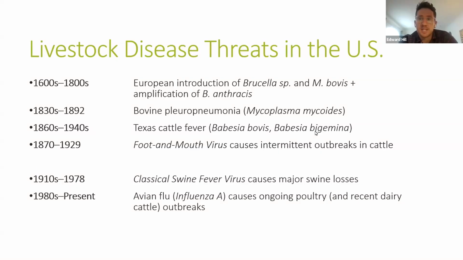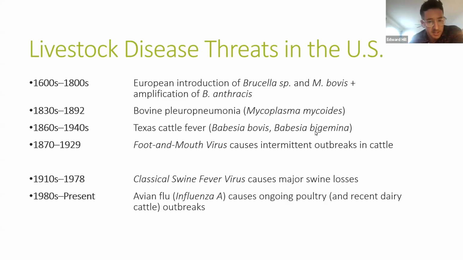So this is a timeline of significant livestock disease events in U.S. history. The Europeans brought brucellosis and M. bovis to the Americas, so we've had issues with those two diseases since then. We've also dealt with a big Mycoplasma mycoides epidemic in the 1800s.